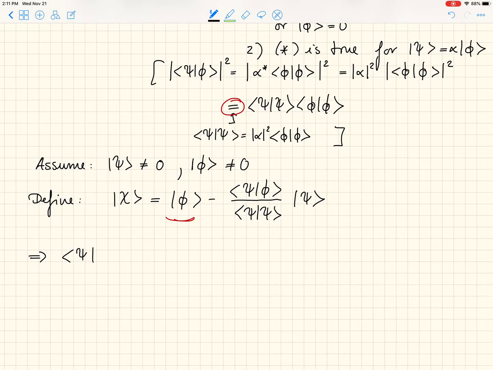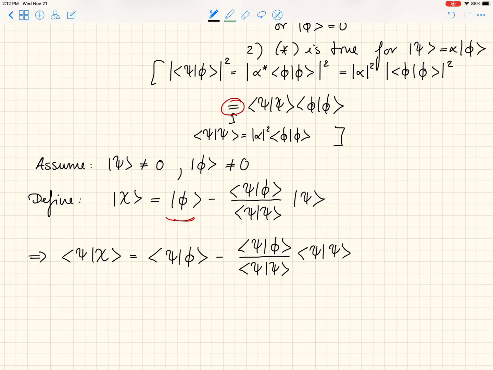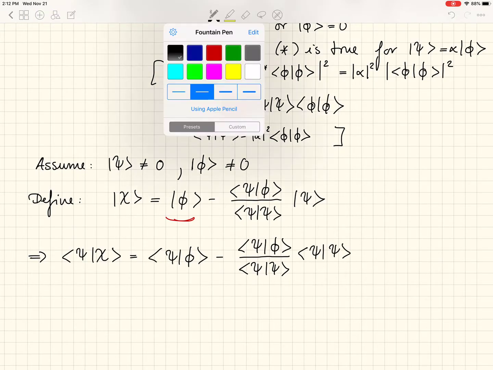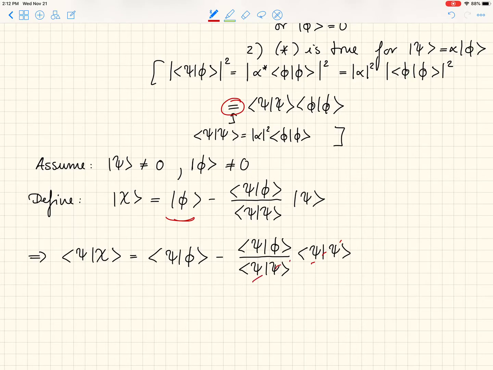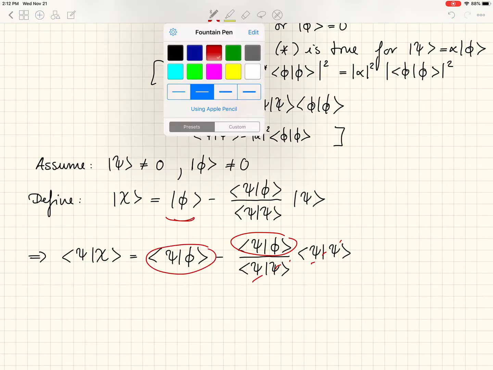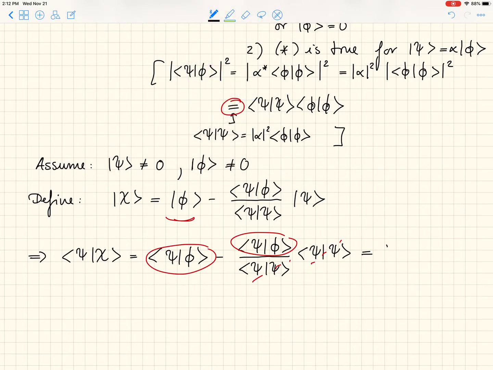If we now form the inner product of psi and chi, what we get is this, and the second term equal to this, and then I get another inner product of psi with itself right here. We observe that these two cancel each other, and what I'm left with is that in total I actually get 0 here.